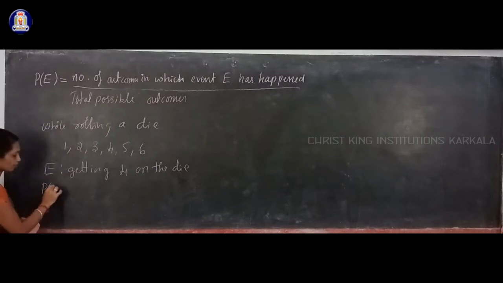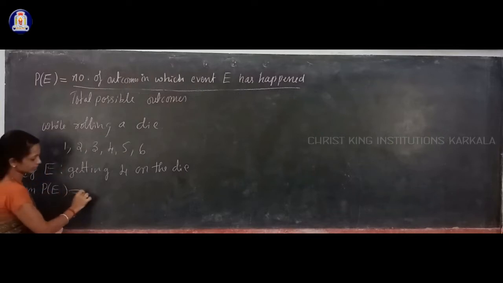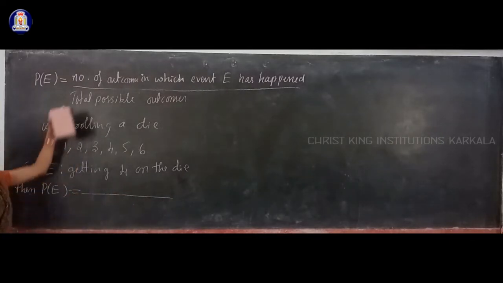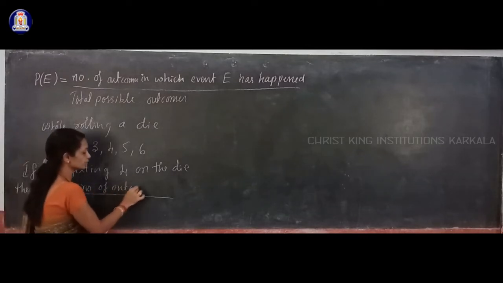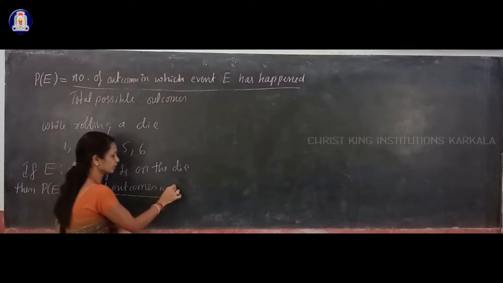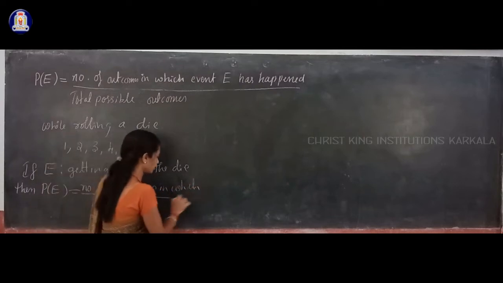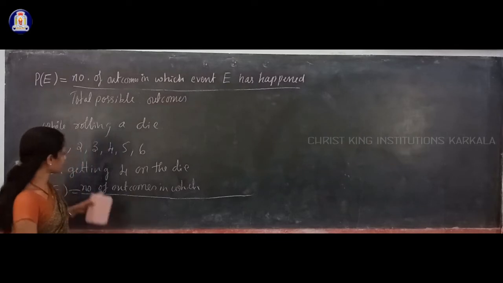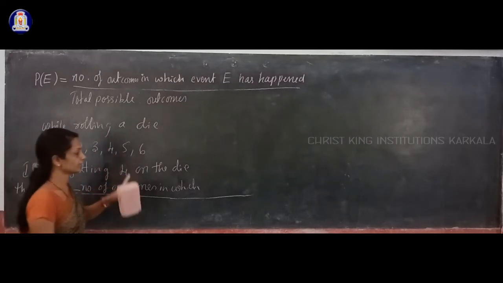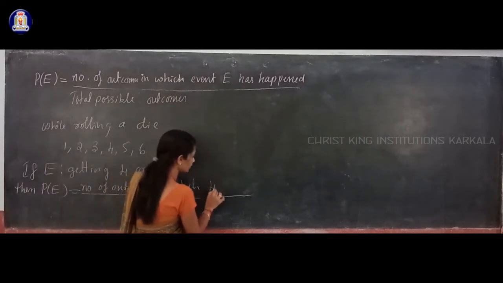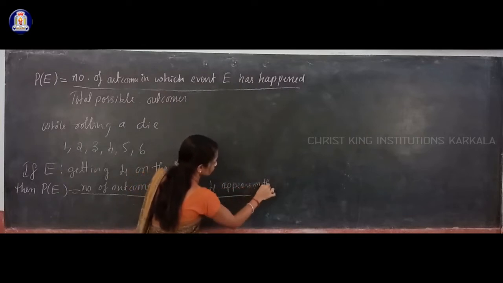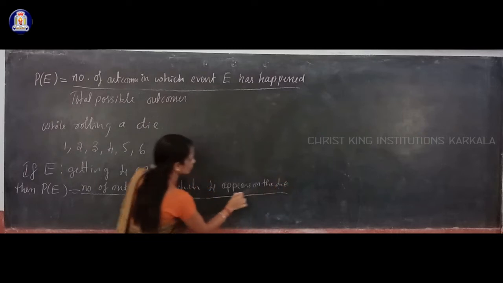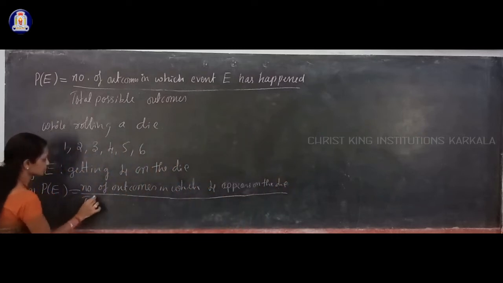So then P of E is equal to, how the formula changes: number of outcomes in which event E has happened, means getting 4 on the die, in which 4 appears on the die, dividing by total possible outcomes.